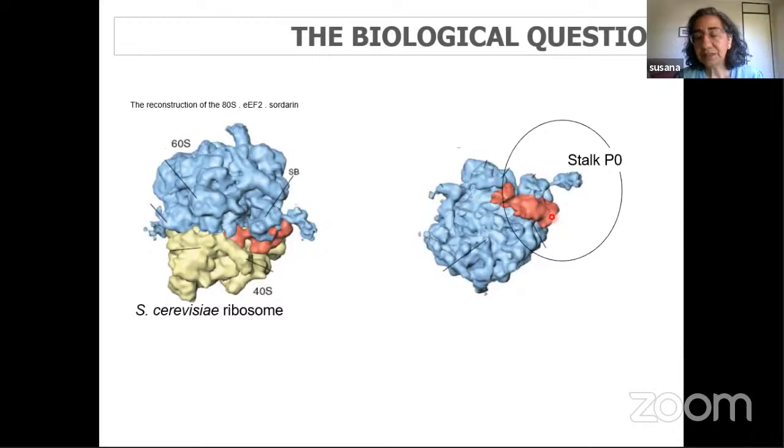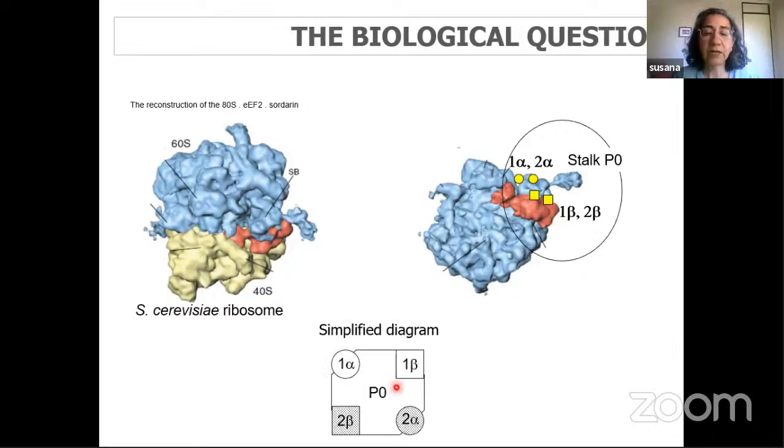And to P0, there are 4 acidic proteins that will bind when the ribosome is active. They are called 1 alpha, 2 alpha, 1 beta, and 2 beta. So just to simplify this structure, we make it like this. So we will have a P0 and the 4 acidic proteins bound.